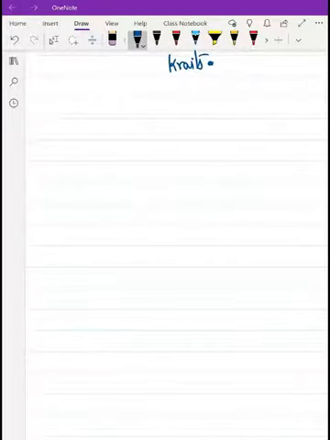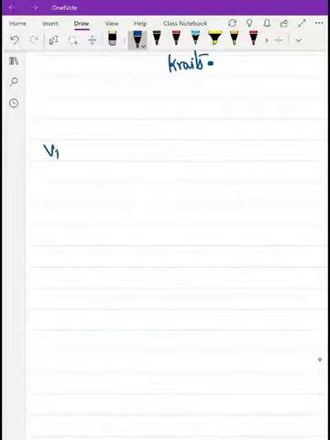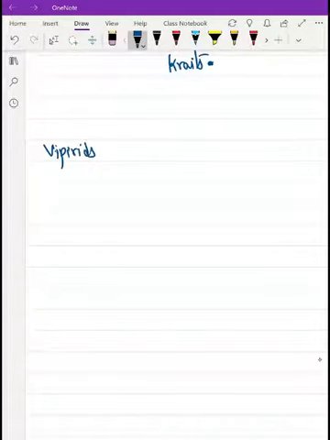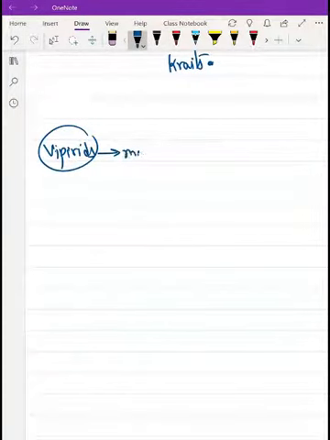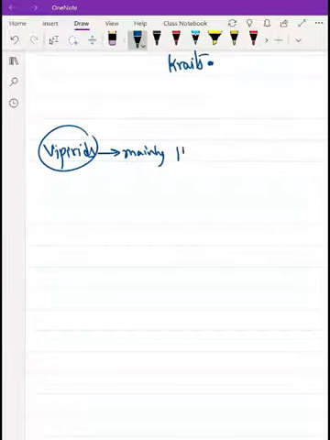Now we'll talk about clinical manifestations of snake bites. Viperids mainly produce hemorrhages.